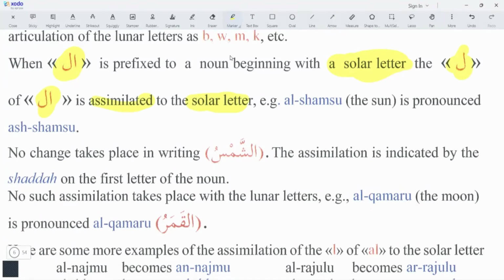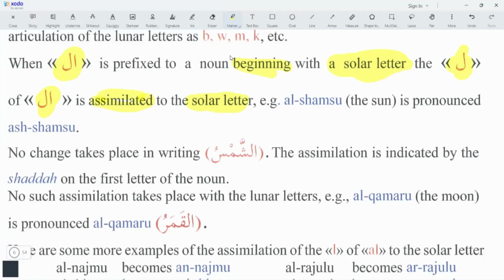When we prefix this definite article alif lam to a noun beginning with a solar letter, the lam of alif lam is assimilated to the solar letter.